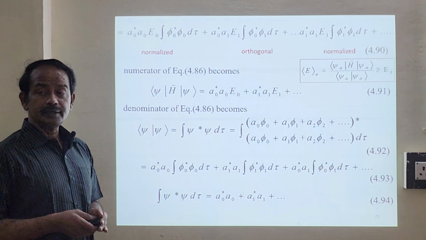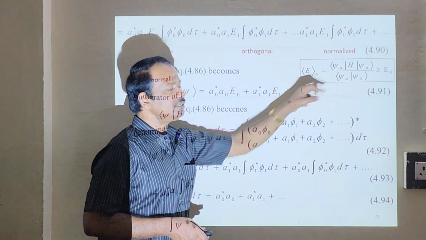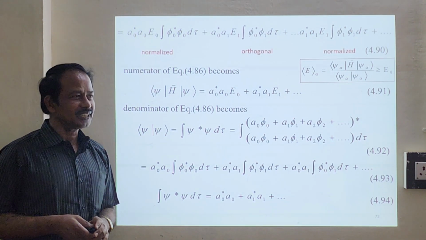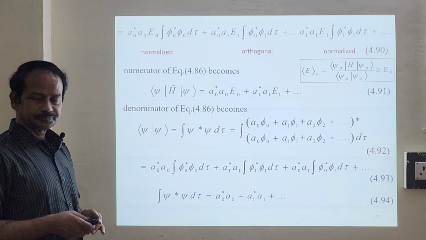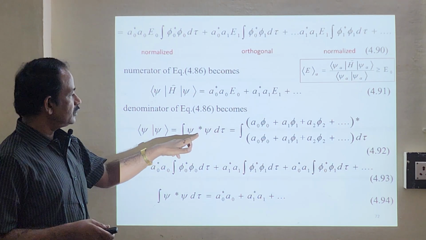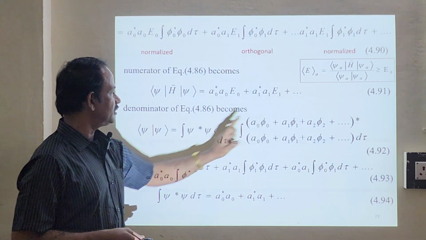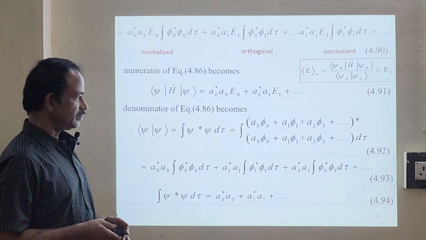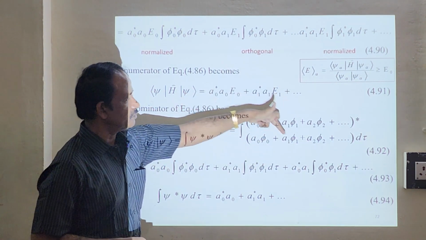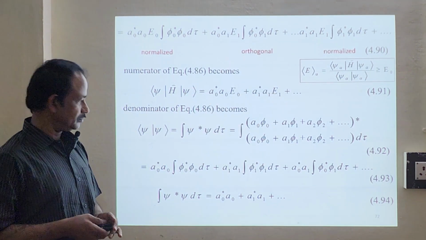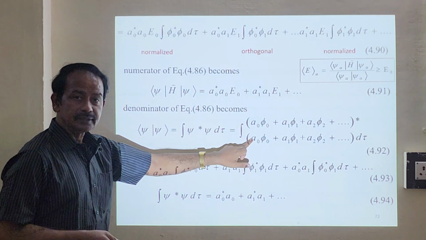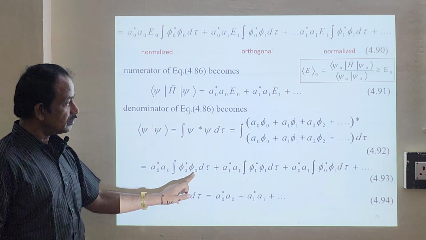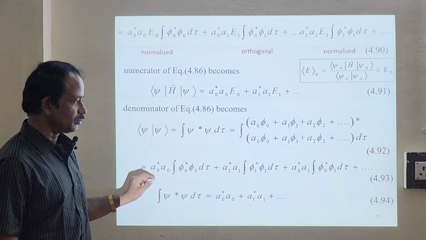Now we will go for the denominator. The denominator is given by normalization. So the denominator is given by this expression, and you have psi star given by this expression, and psi given by this expression. You are going to multiply like this as we have done earlier. So you have a naught star, a naught, phi naught star, phi naught d tau, the first one.